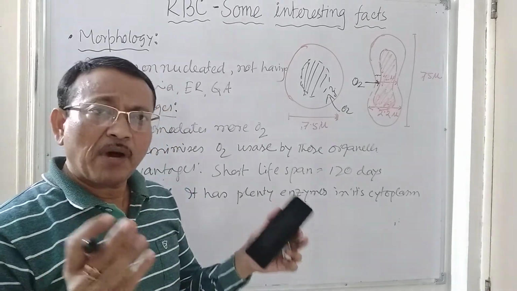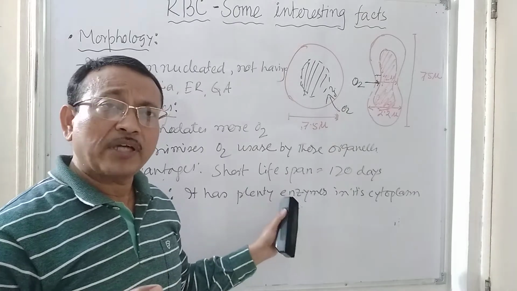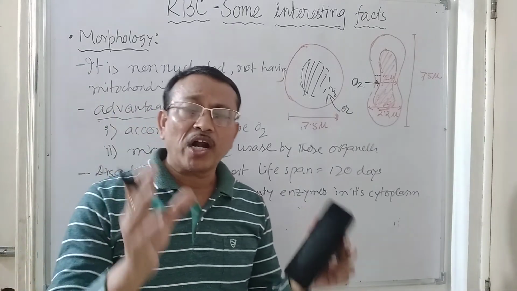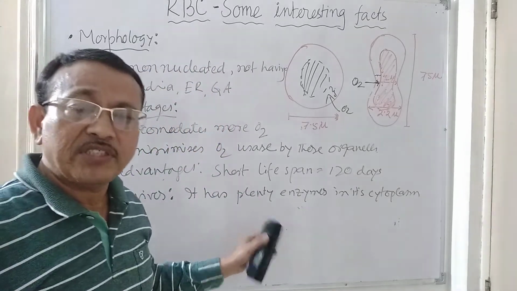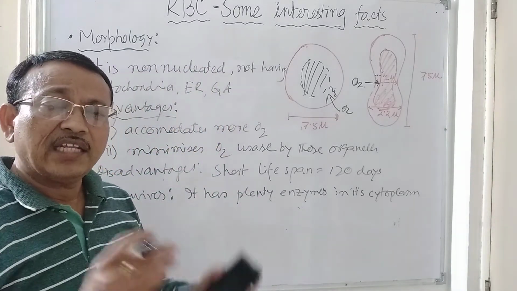So these minimum functions can be done with the help of those overloaded enzymes and the energy present within the RBC.